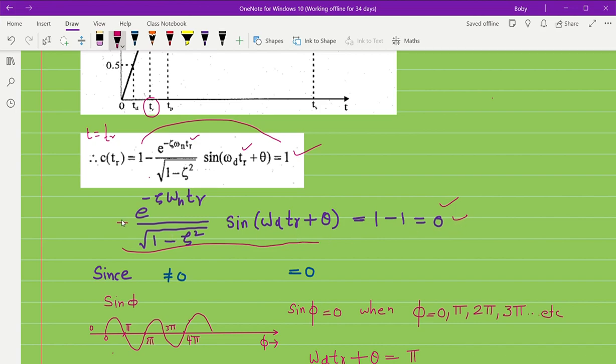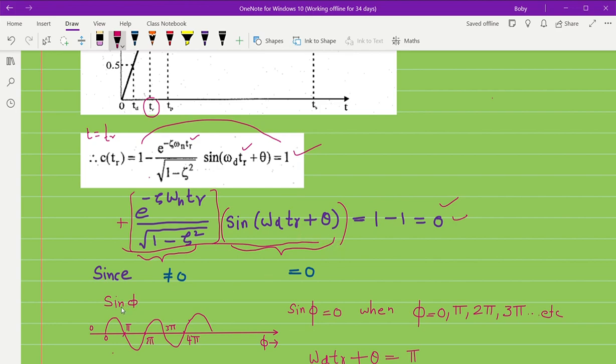This expression in fact contains two terms: one is the exponential term, and the other is the sine term. Out of these two terms, which one can become 0? The exponential term will never become 0, since it is a decaying exponential that is never equal to 0. But the sine term can become 0.